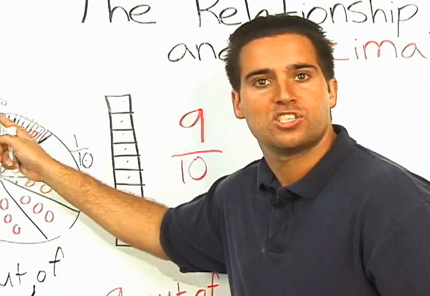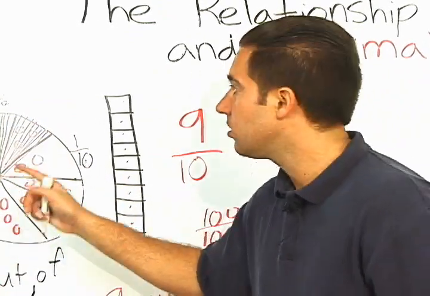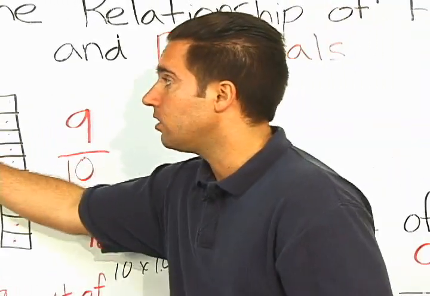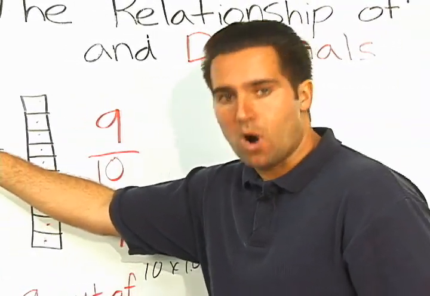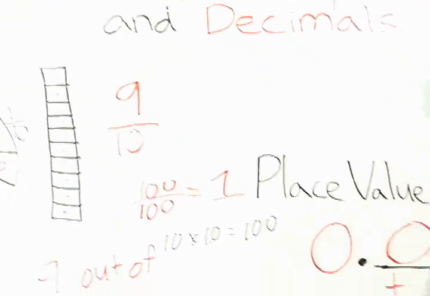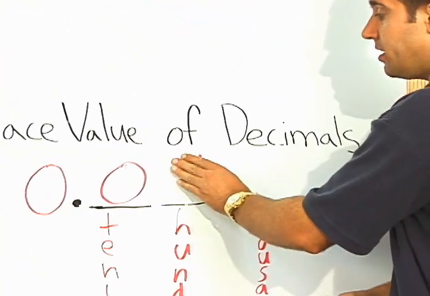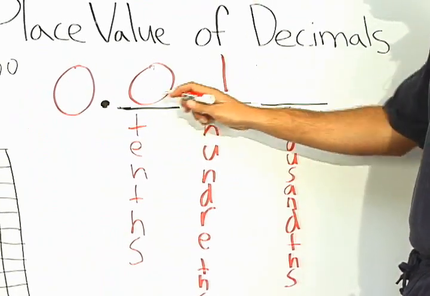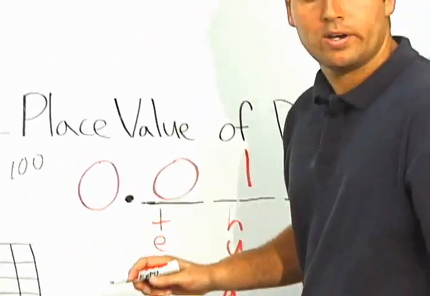No, 100 slices around there. I eat one of those slices. Then I have 1 100th. I've eaten 1 100th of the pizza. You come here to hundredths, it wouldn't be 9. You now have 0.01, 1 100th.